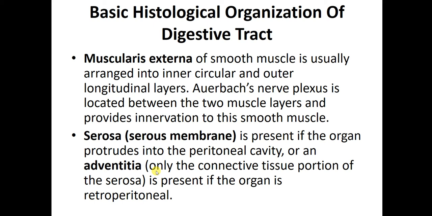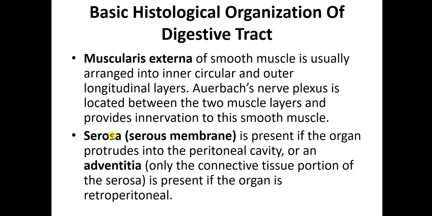It's a connective tissue. Serosa is a thin layer of connective tissue covered by an epithelial lining, which is mesothelium, and which controls the normal amount of fluid present in the peritoneal cavity.